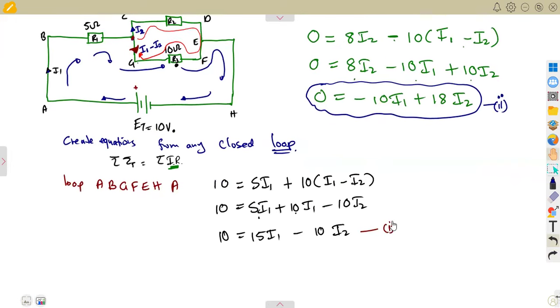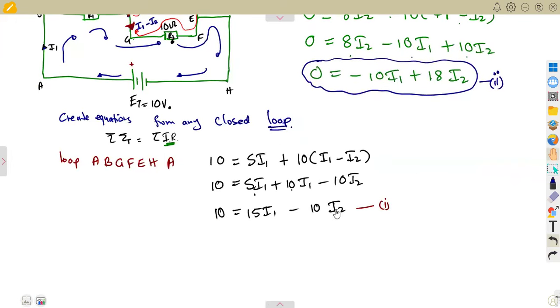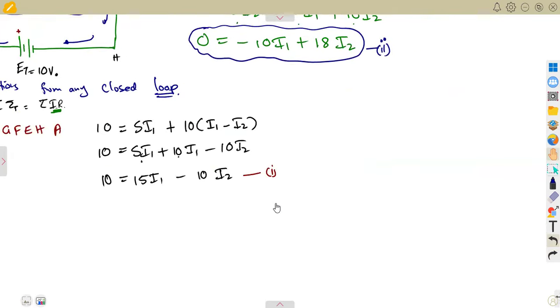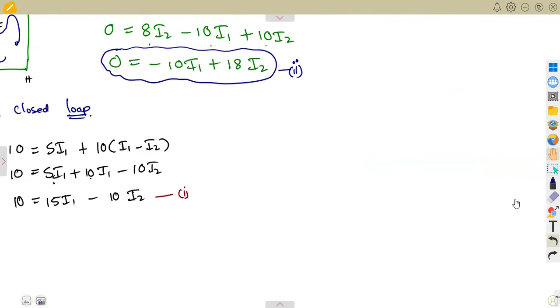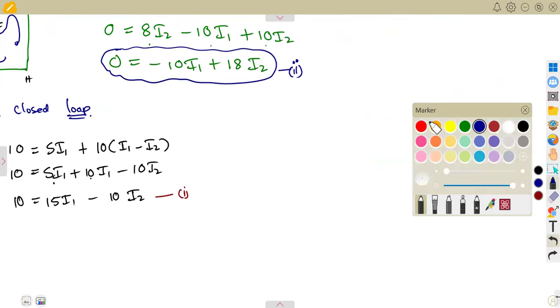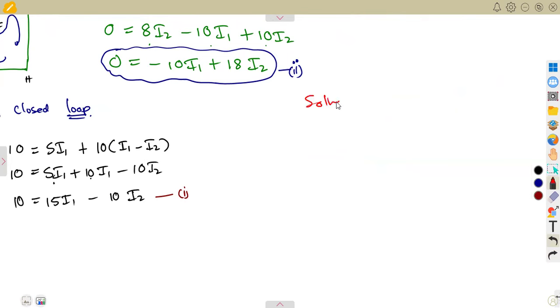We have got two equations. Since you want to find I1 and I2, we are now just left with solving these two equations, since these are simultaneous equations from our mathematics N3. So we have to solve the equations. All right, so let's solve.